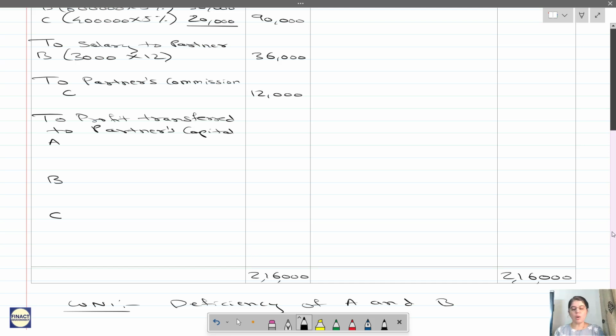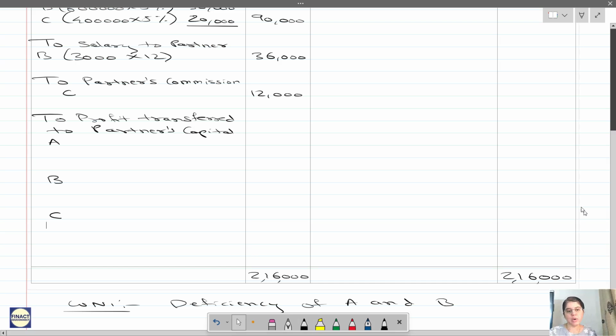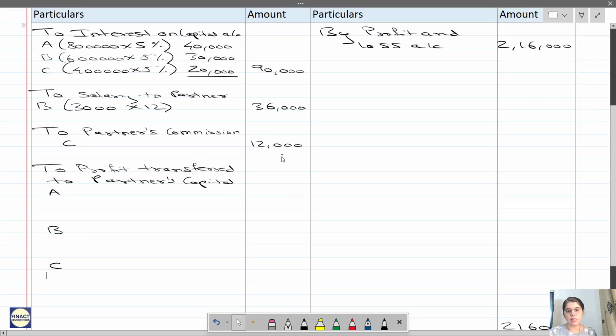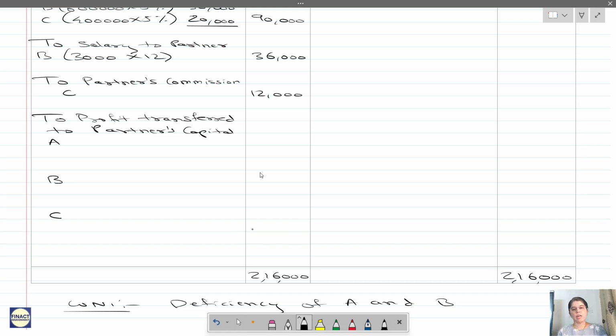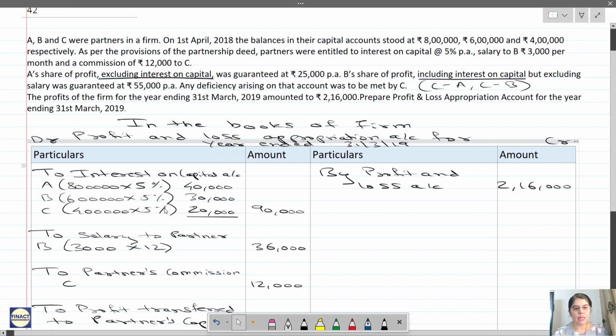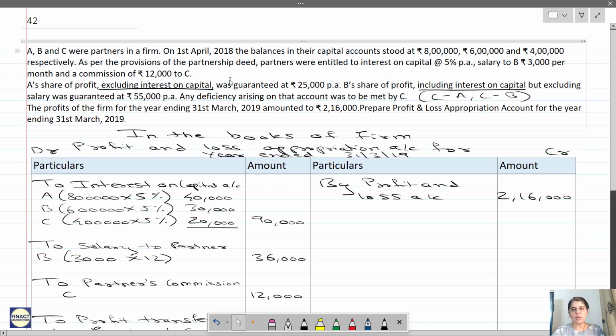Now how much is the profit? Calculate the total profit: 2,16,000 minus 12,000 minus 36,000 minus 90,000. Calculate fast. How much is the profit? Yes, 78,000. Now this 78,000 will be distributed to 3 partners, A, B and C. Now see what their ratio is. Is their ratio given anywhere?